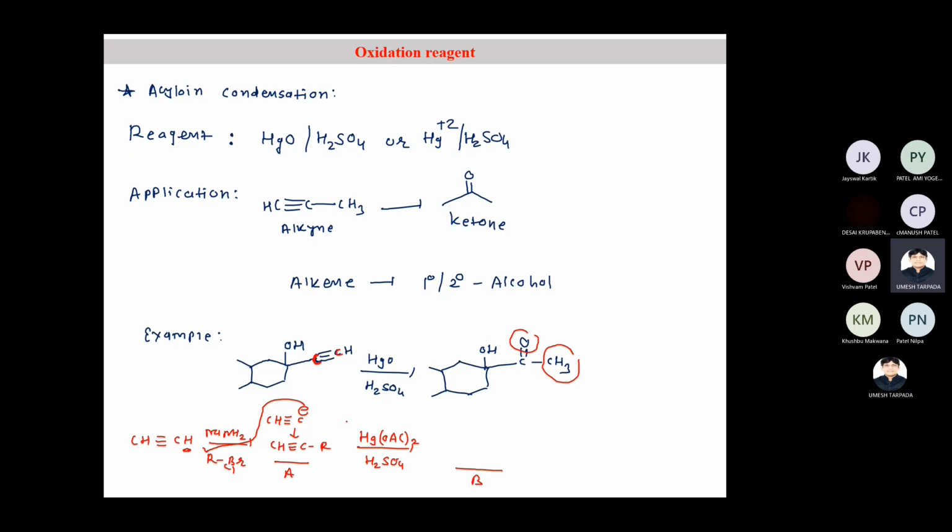This is your product A. Now product B is acidic hydrolysis, so you are getting ketone, CH3. It's a silent step. So this type of problem may be asked in the exam. Is it clear? Are there any doubts?